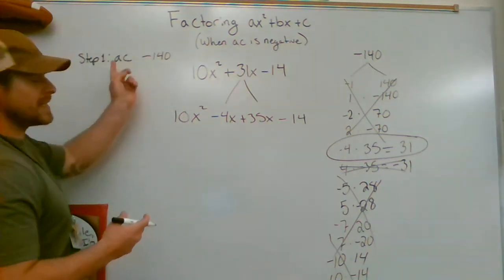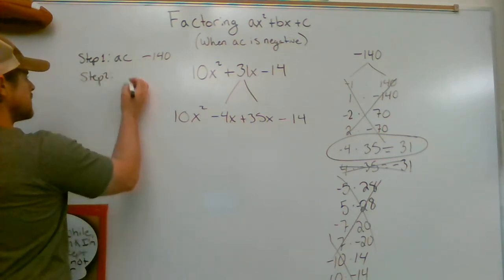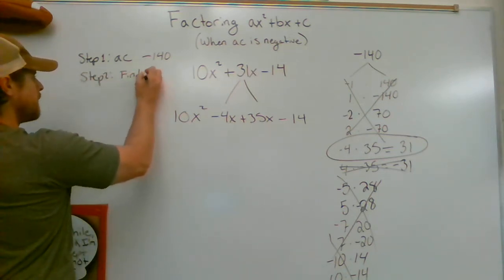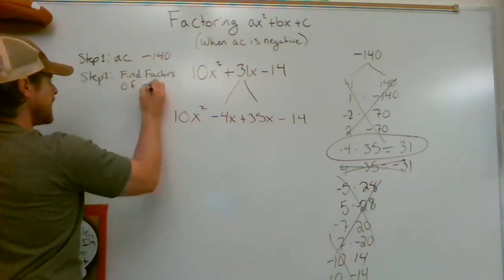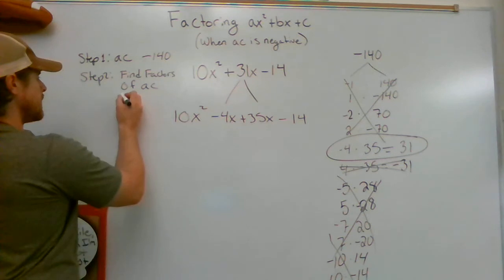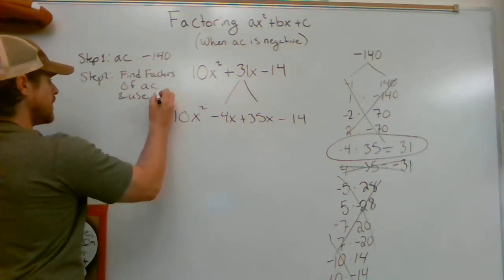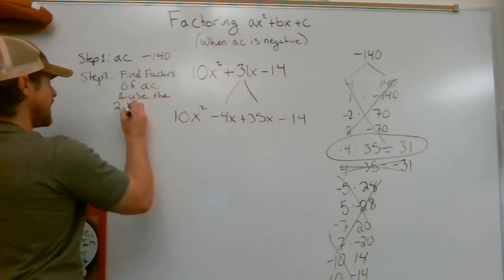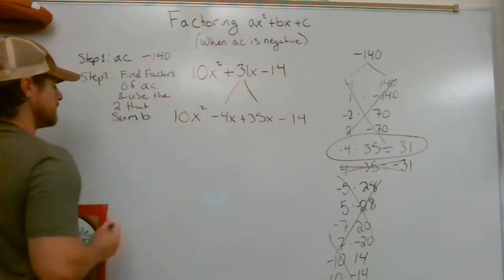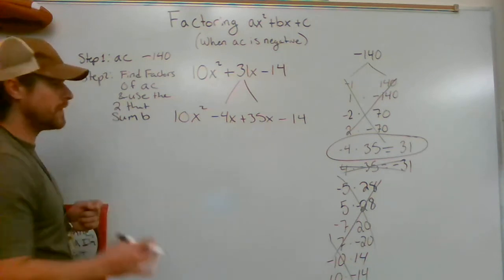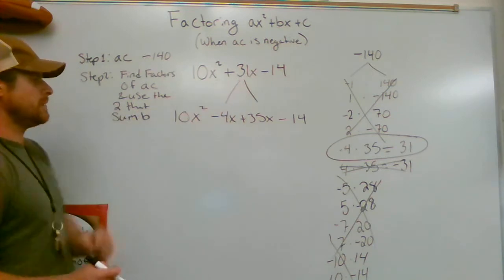So one thing for you to take away from what we've done so far is step 1, multiply A times C. Step 2 was find factors of AC and use the two that sum to B. We found the ones that would add together, find the sum that matches our B value.